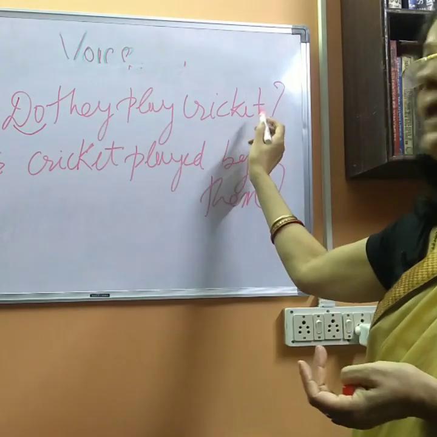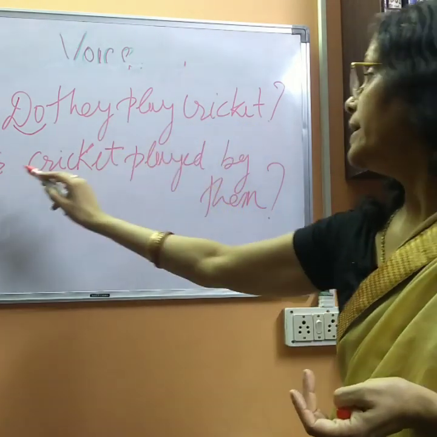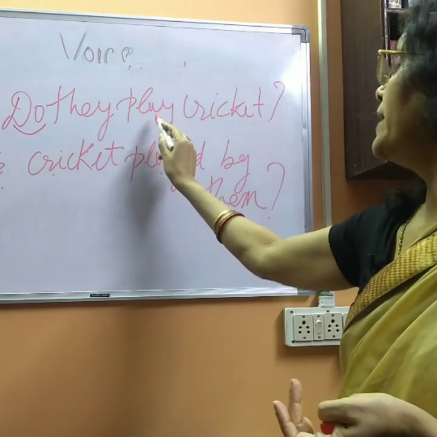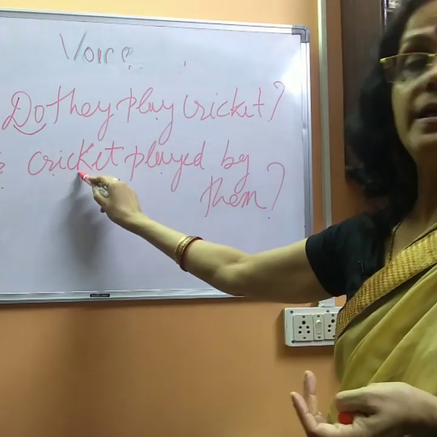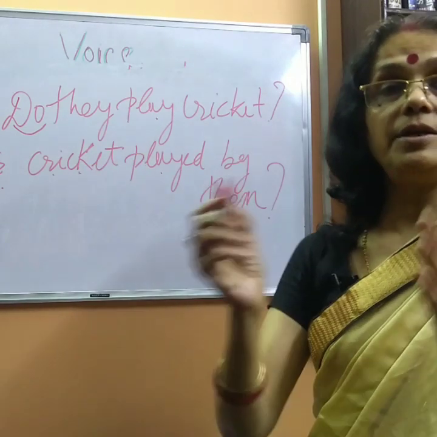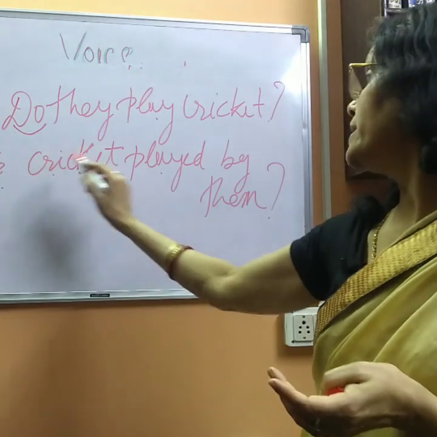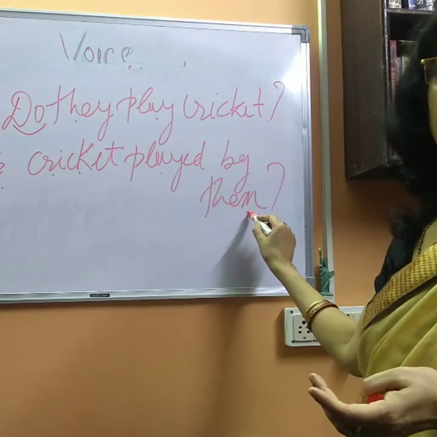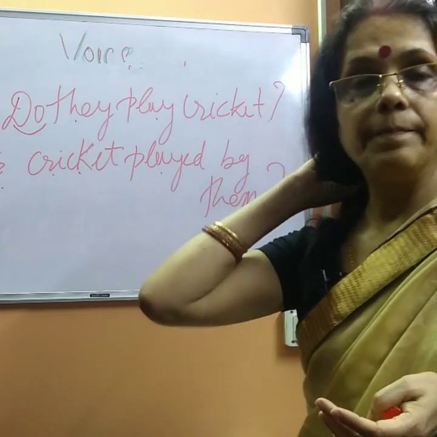So do they play cricket? Is cricket played by them? So play will be is played, and cricket, the subject comes in the middle. I told you the subject is sandwiched in an interrogative sentence. So is cricket played by them? So this they comes here and it becomes them.